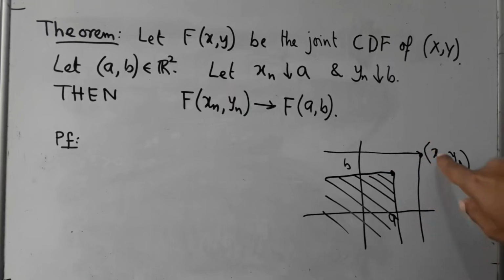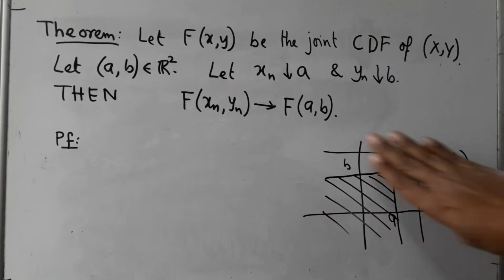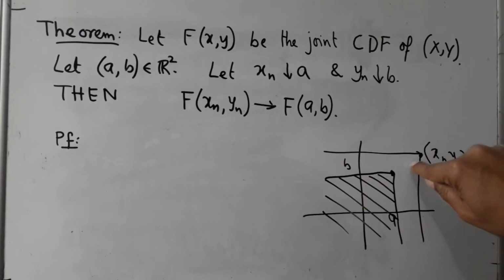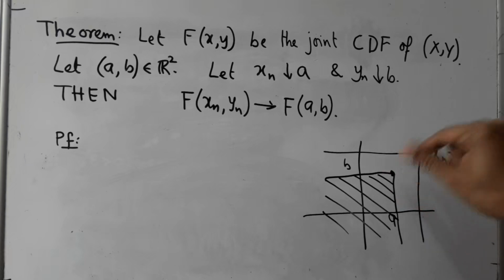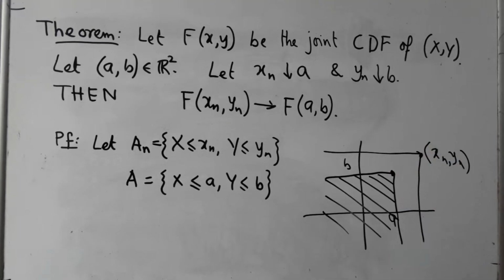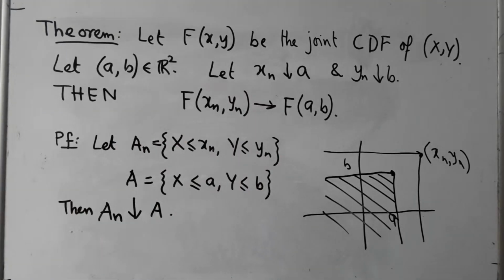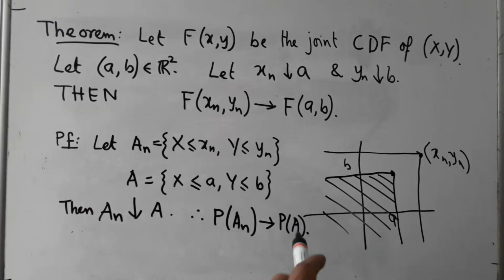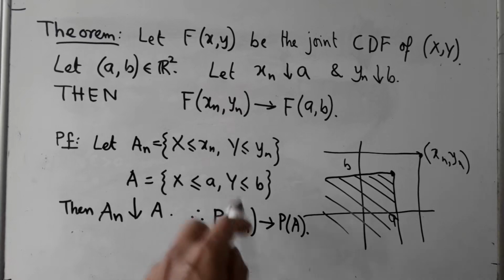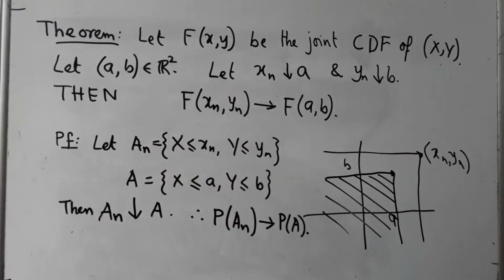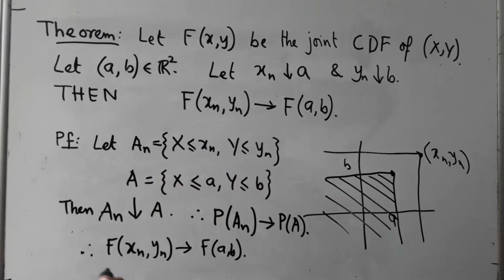So F of xn, yn will be the probability of the bigger rectangle. Naturally, as it comes down, this sliver will go to 0. I define these two things appropriately. Now it is easy to see that An's will decrease to A, that is if I take the intersection of all An's, in that case we have this. So by continuity of probability, I have this. This is nothing but this, and this is nothing but that. Hence, F of xn, yn goes to F of a, b as required.